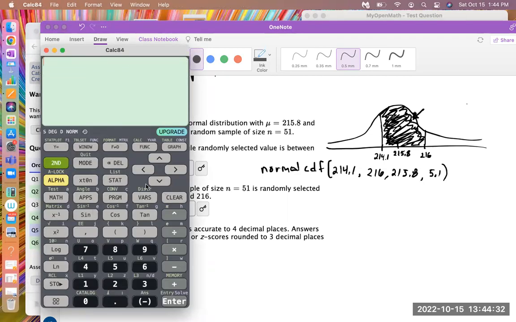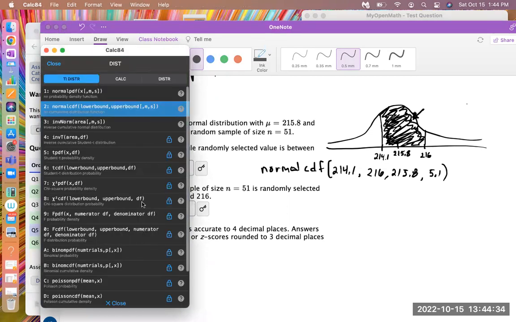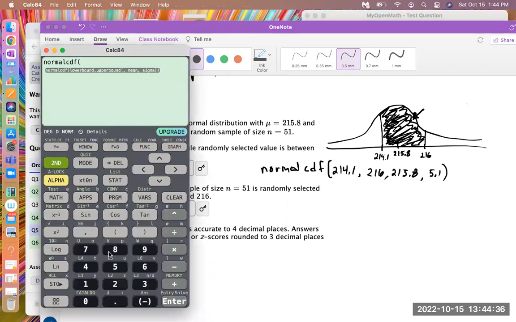Second vars, normal CDF, 214.1, comma, 216, comma, 215.8, comma, 5.1, and we'll have our answer here.